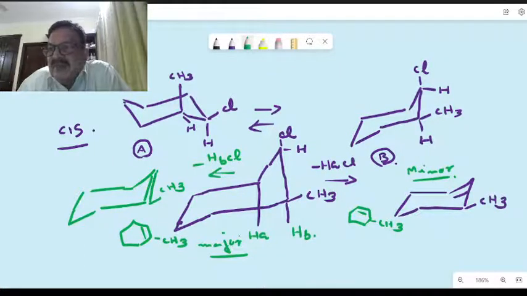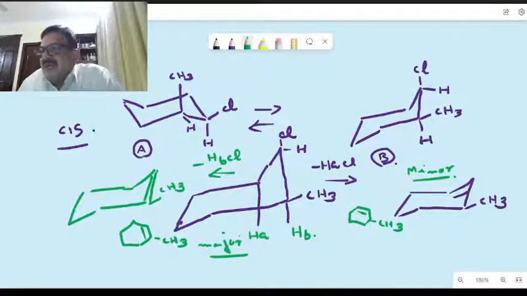The major product contains the more stable tri-substituted double bond.